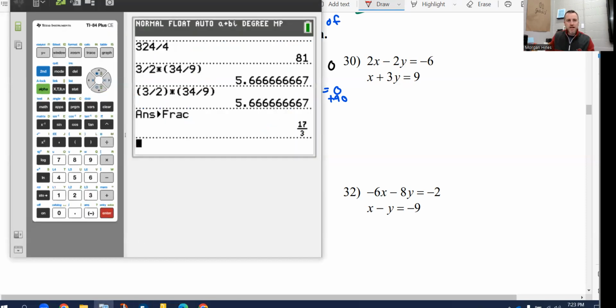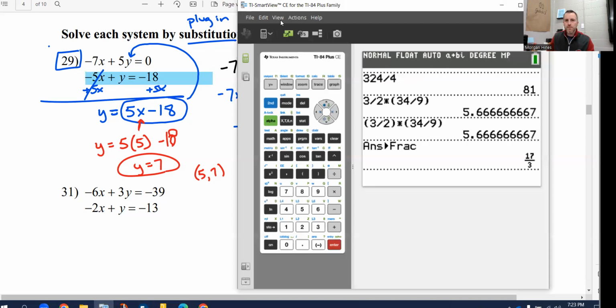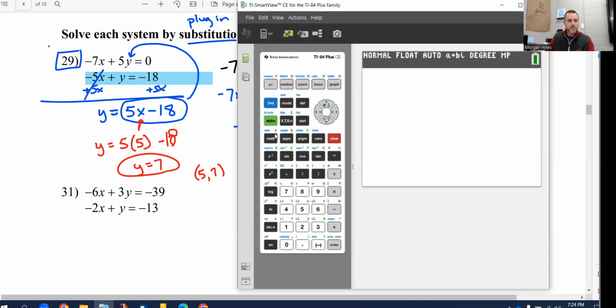And if I just said, is 5, 7 a solution to that system? I didn't say solve it. I said, is 5, 7 the solution to the system? Then all you'd have to do is say, okay, negative 7 times what's x? 5, plus 5 times 7. What should this equal? I'm typing in the first equation there.